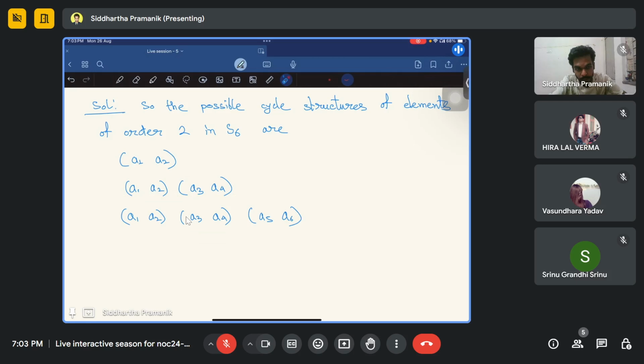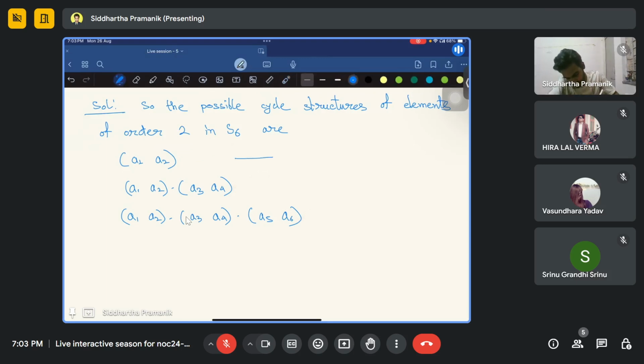Are there any other possibilities? No, right? So we need to find how many elements of this type are there, also of this type, and also of this type.